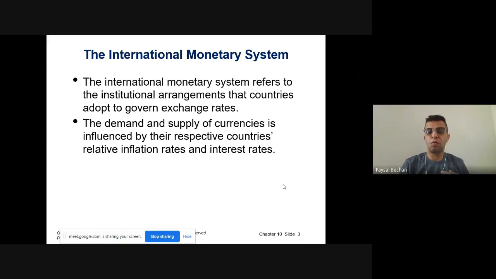So one Canadian dollar equals 0.7-something American dollars. If you're buying something from the USA, you have to use this exchange rate. And the exchange rate is determined by the demand and supply of currencies, influenced by the respective countries' relative inflation rates and interest rates.